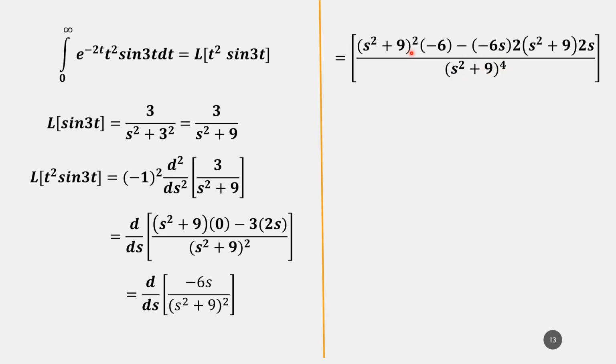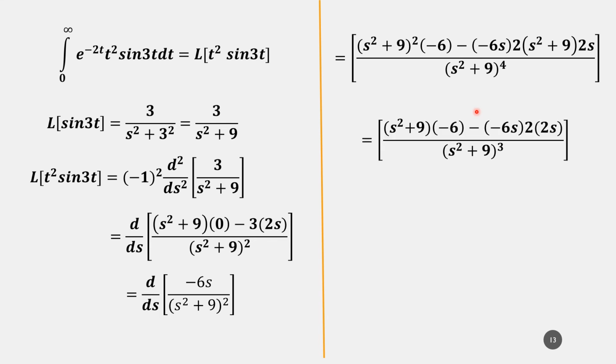Again, either we simplify or we can put s is equal to 2. Maybe you can take s square plus 9 common and cancel it out with the denominator, so that the calculation will be reduced. There is a common factor s square plus 9 in both the numerator and denominator. Cancelling out that common factor, we will have s square plus 9 into minus 6 minus 6s into 2 into 2s, and one s square plus 9 gets cancelled, so we will have a cube.